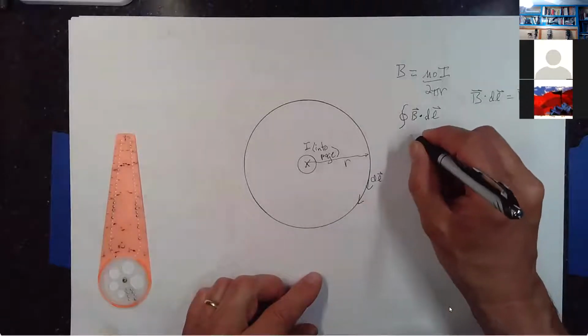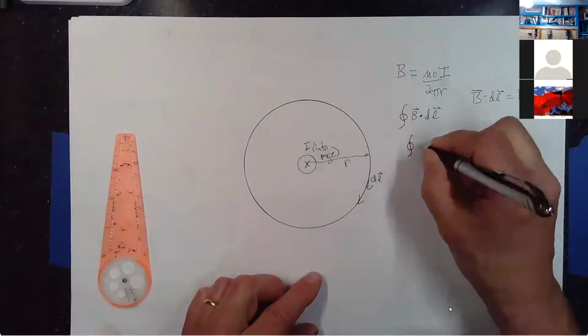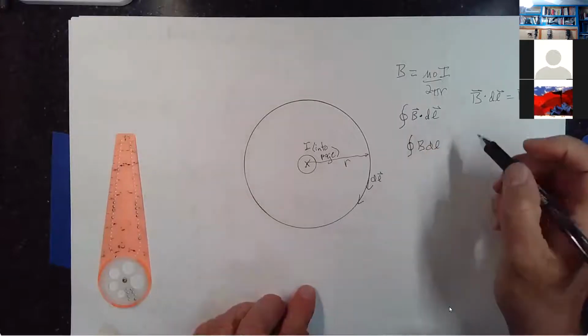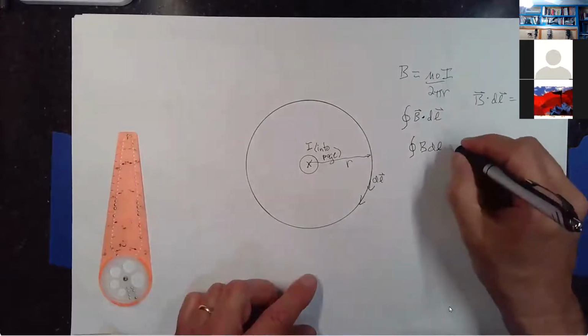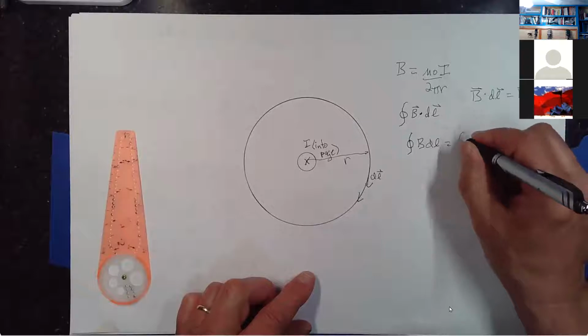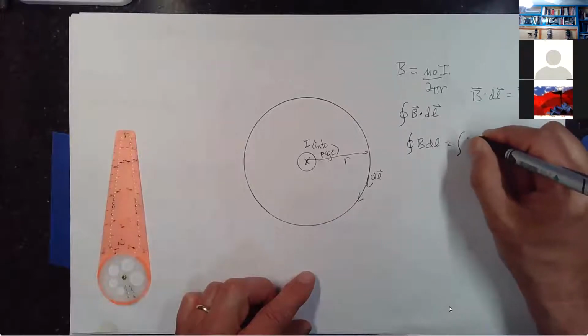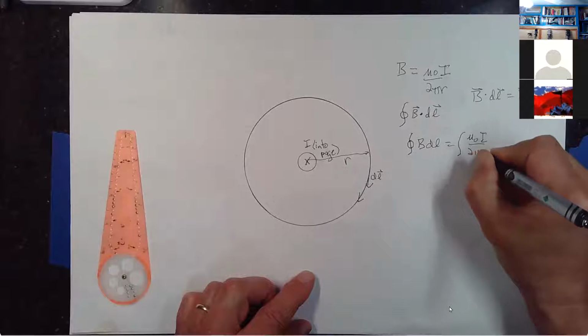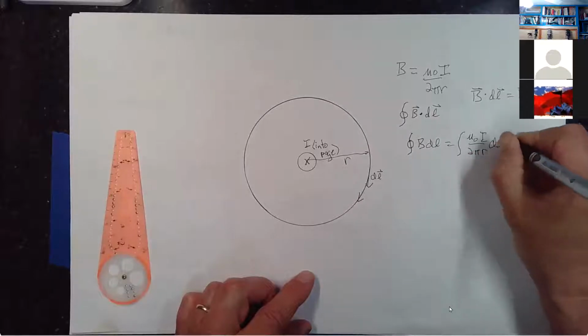And so we'll have the integral around this loop of B dl, but I've got an expression for B. It's equal to mu naught I over 2 pi r, and then dl there.